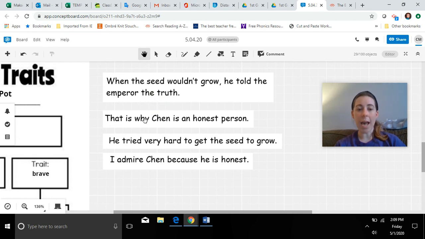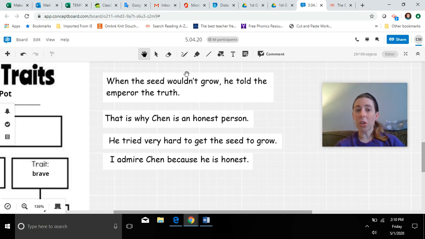That is why Chen is an honest person. Here's the next one. He tried very hard to get the seed to grow. And the last one, I admire Chen because he is honest. Okay.